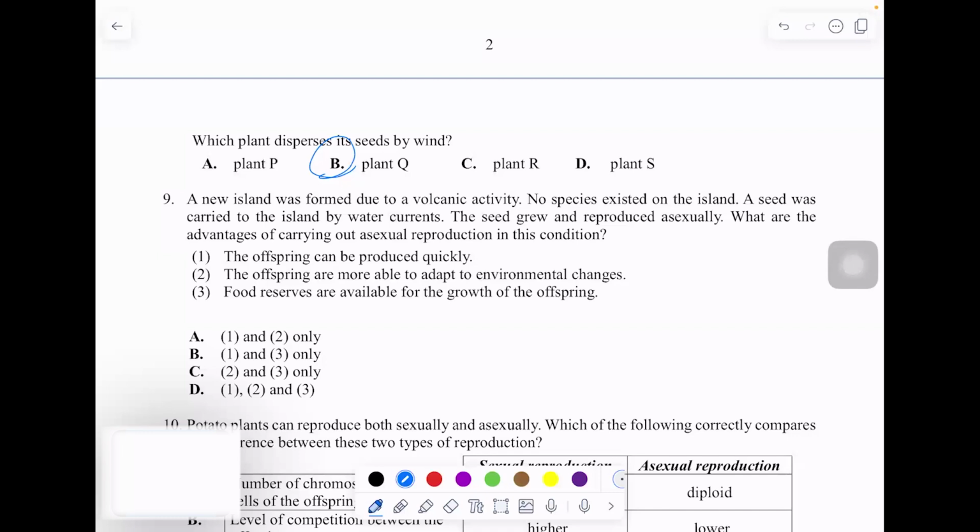So the offspring can be produced very quickly, basically because the asexual reproduction part is in fact the vegetative part of the plants.